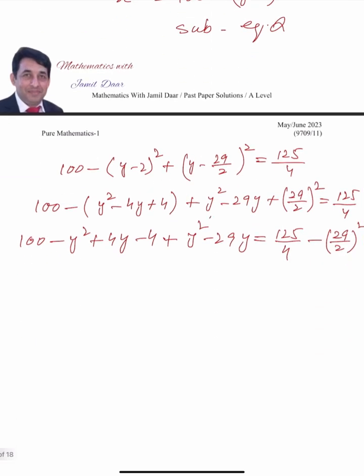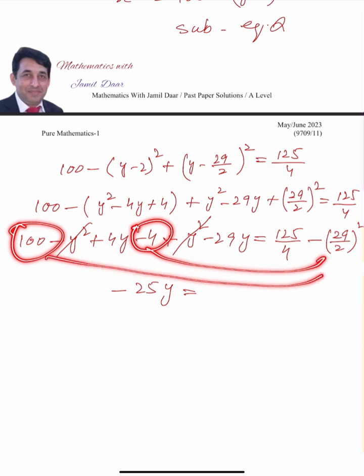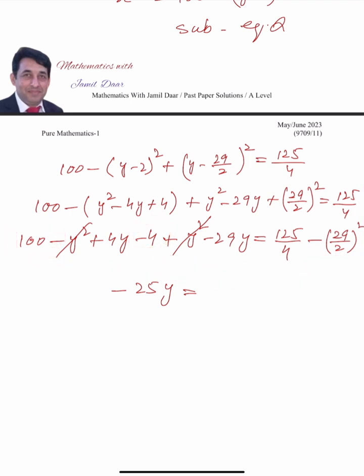Okay, so y square cancelled. 4y minus 29y becomes minus 25y. Bring the 100 and the 4 to this side and use your calculator: 125 over 4 minus (29 over 2) whole square, and 100 minus 4 is 96, so minus 96.